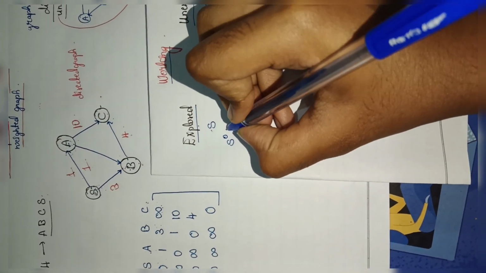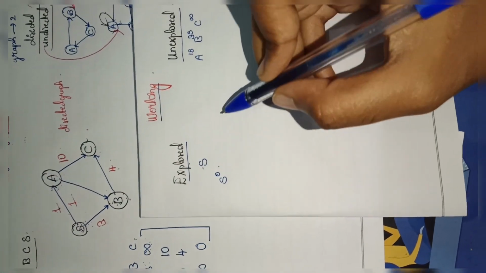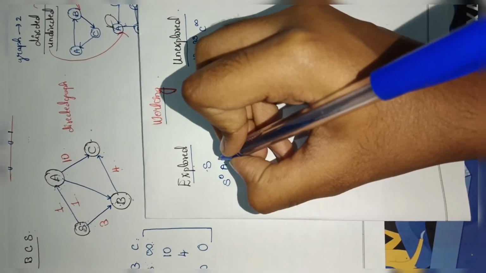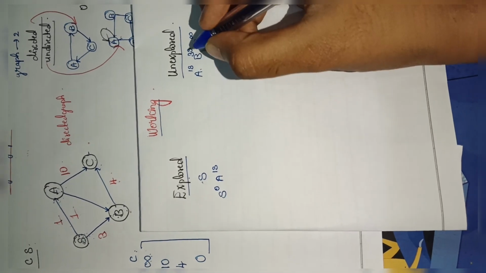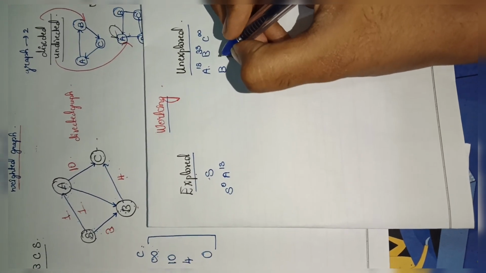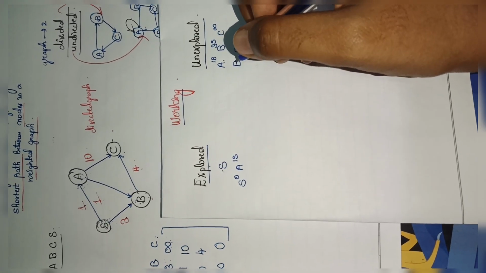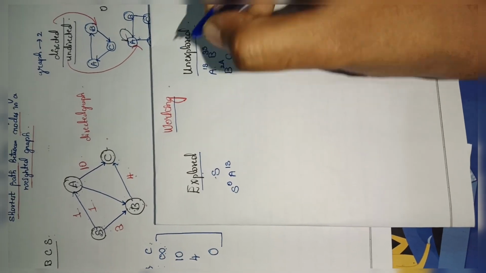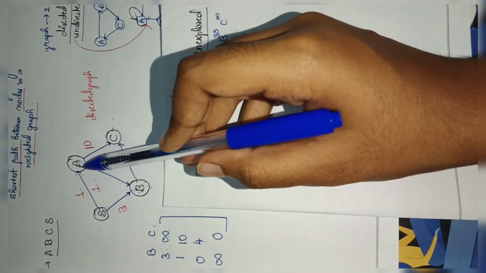And the next exploring node over here is A. After S, it's going to be A, so 1S. Then we'll be exploring B, and then we'll explore C. So here B is nothing but 2A. From S to A, it's going to be 1.